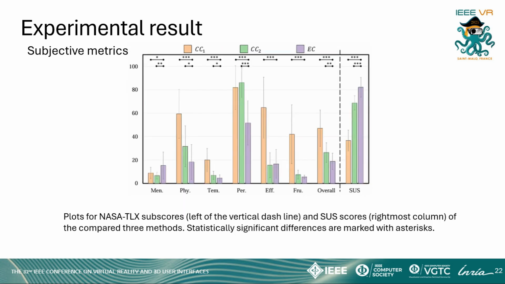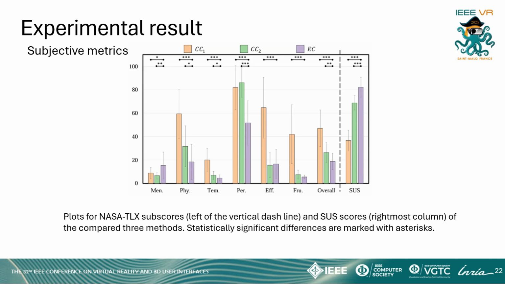The figure shows the NASA TLX subscores and SUS scores for the 3 methods. Holm-Bonferroni corrected post hoc t-tests were conducted to compare the subscores between the EC method and the CC methods. The EC method showed significant improvements in overall NASA TLX and SUS scores compared to the CC methods.